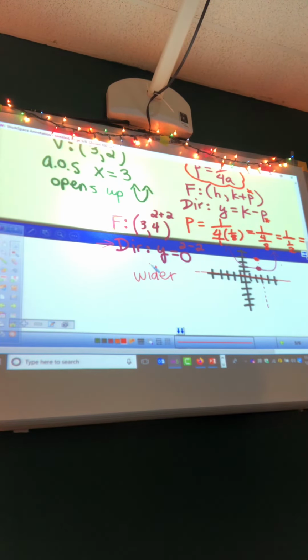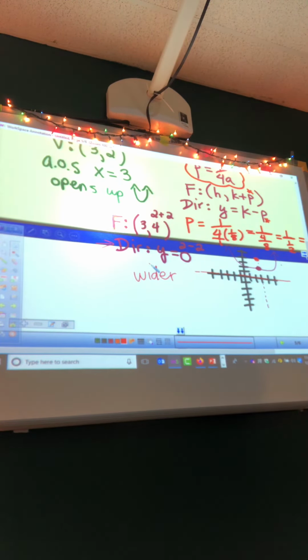Right, shrinking it pulls it out. All right, what else do we notice? It went up 2. And what else? One more thing. Yep. And those would be transformations.